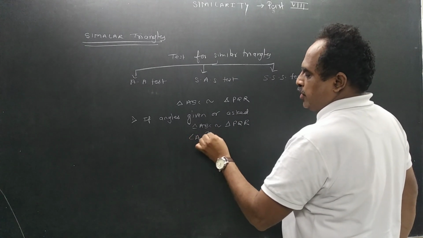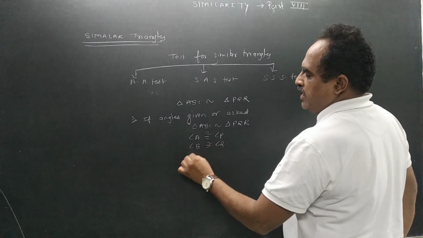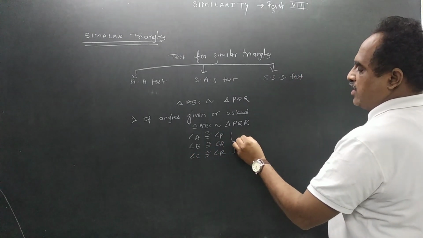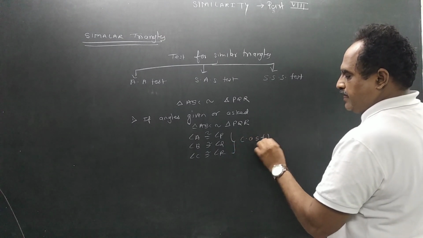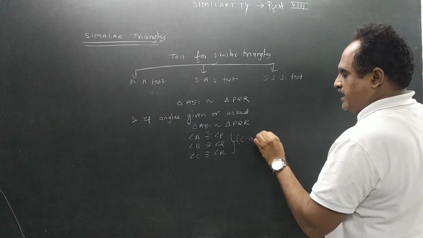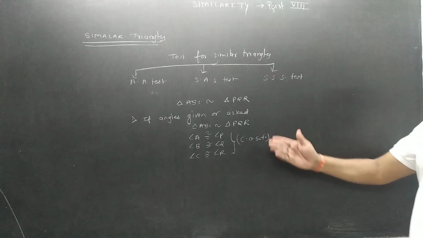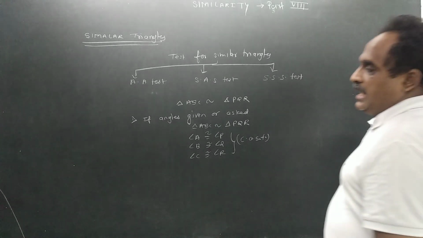Angle A is congruent to angle P, angle B is congruent to angle Q, angle C is congruent to angle R, and the reason we write is CAST, that is, corresponding angles of similar triangles. Then we substitute the values of angles and find the values of the remaining angles.